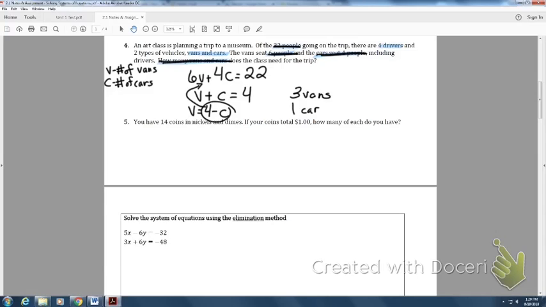So you may need to see that one worked out. Okay. So I'm going to plug that up into there. So I'm going to have 6, instead of V, I'm going to have 4 minus C plus 4C equals 22. Distribute my 6.